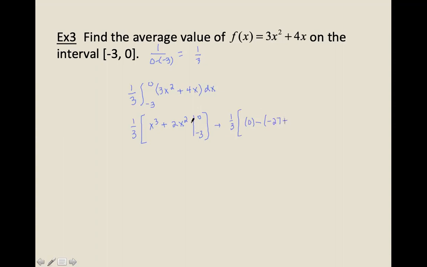Plus, -3 squared is 9 times 2 is 18. Then if I simplify that, -27 plus 18 is -9. This makes it +9. So I have 1/3 times 9. So the average value of this function on the interval -3 to 0 is 3.